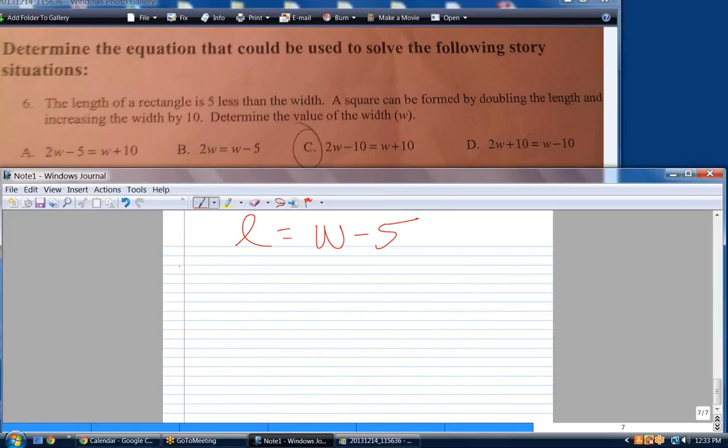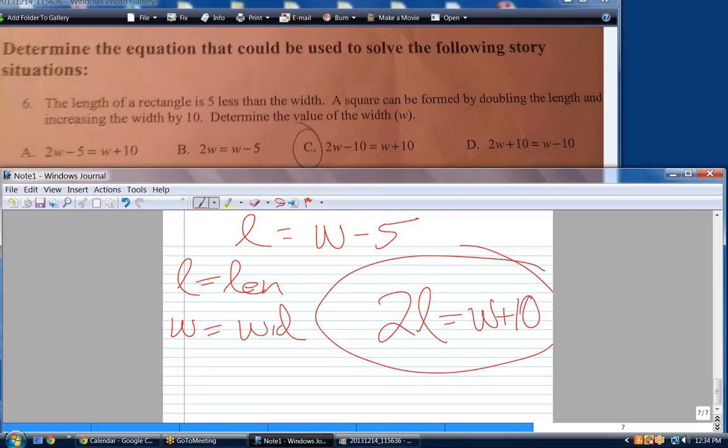I didn't define my variables. L equals length, W equals width. Okay? So if I can form a square by doubling the length and increasing the width, that means that.